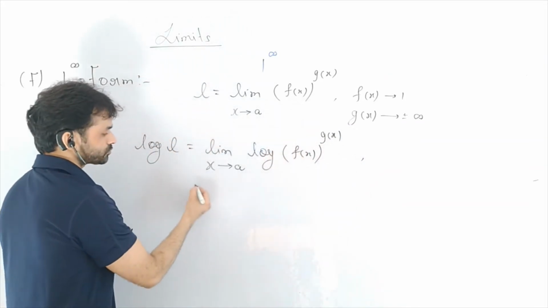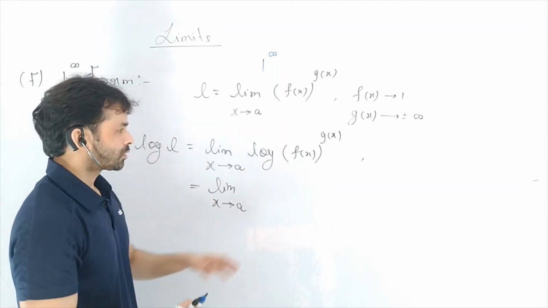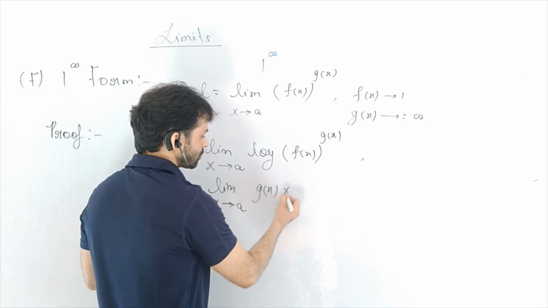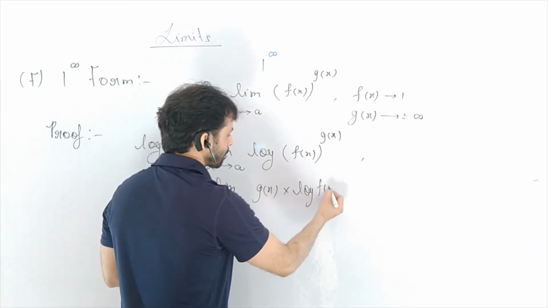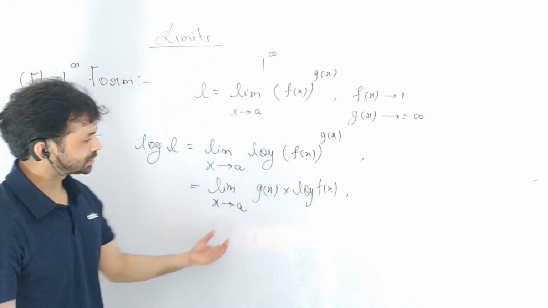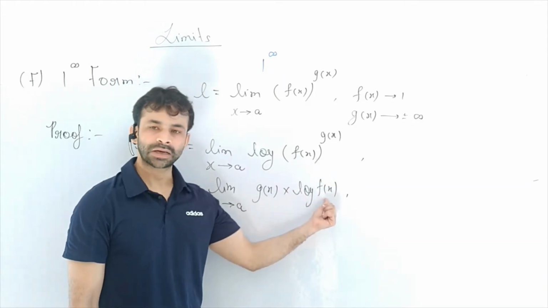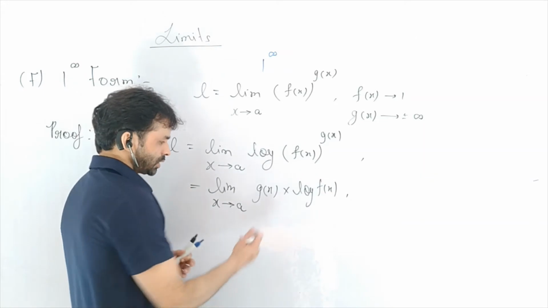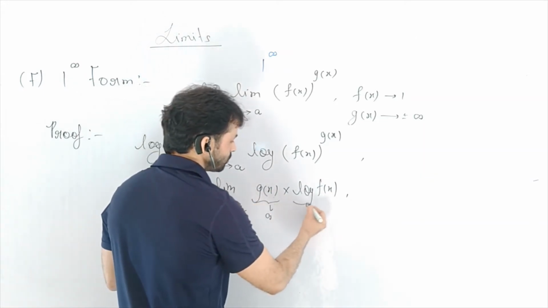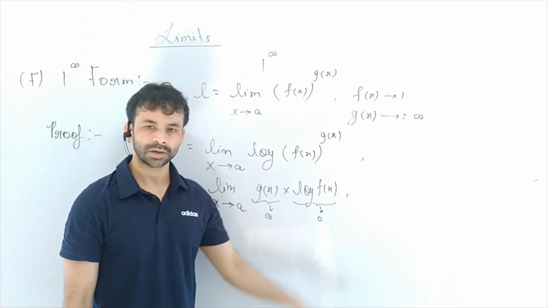Log of this, so what will you get? gx into log fx. This you will get. Now fx is tending to 1, so log 1 will tend to 0, and gx is tending to infinity. So basically right now you have infinity into 0 form, an indeterminate form, and you want to solve this, right?